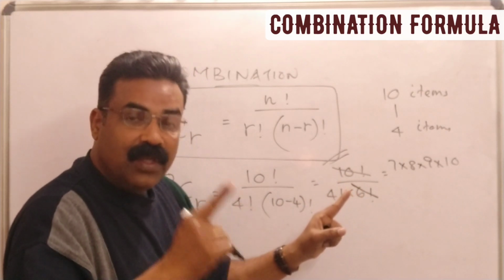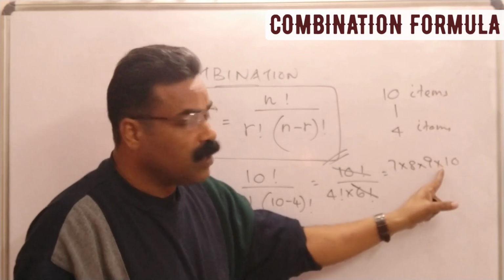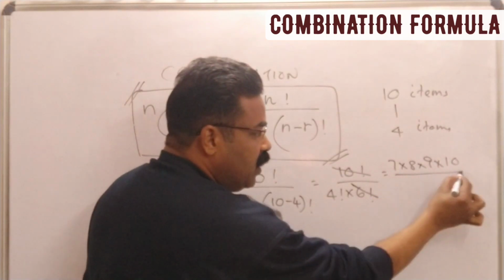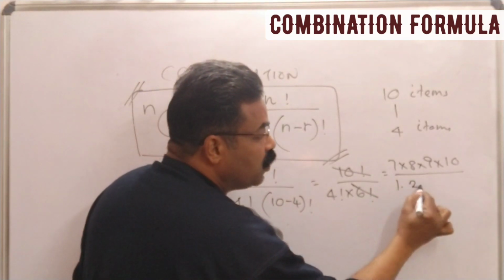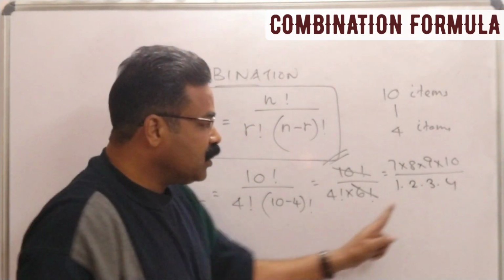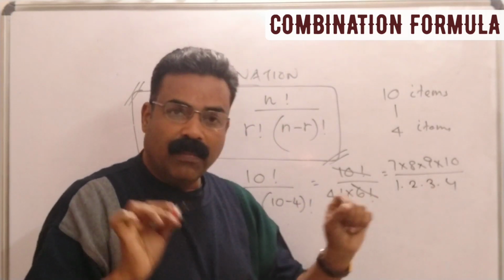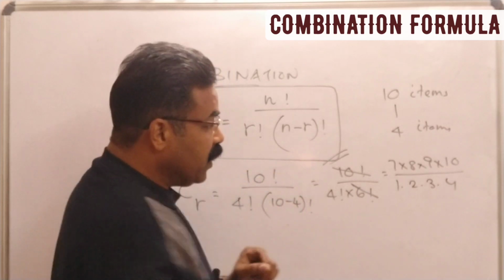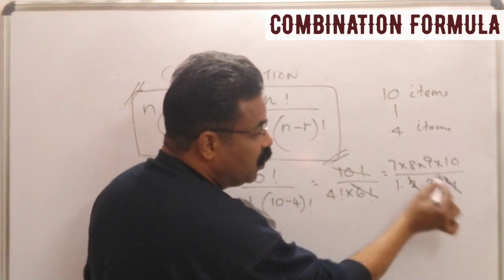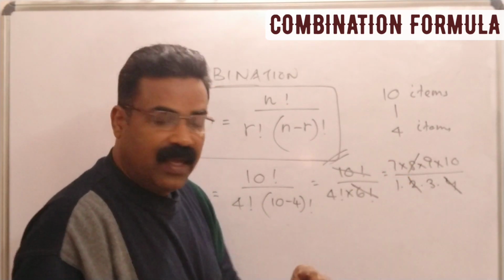So what is left now? 7 into 8 into 9 into 10, divided by 4 factorial. What is 4 factorial? 1 into 2 into 3 into 4. This dot indicates multiplication. Now you can see, you can cut this 2 into 4 with 8.